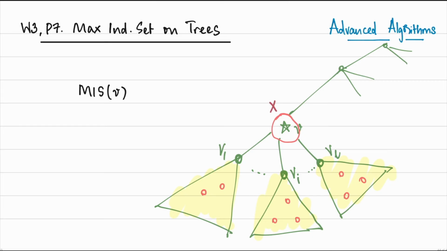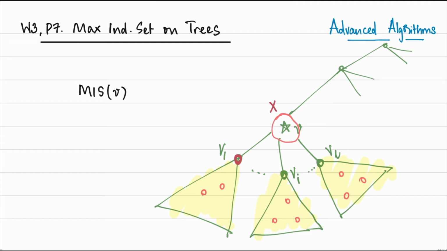And why is this assumption important? Because some of these parties may have actually invited one of the children of V, and I want to be sure that that's actually not going to be a problem. So when V is not a part of any optimal solution, then combining the optimal solutions from the children would give us a good picture of what our best option looks like.